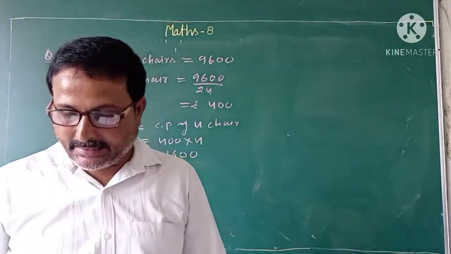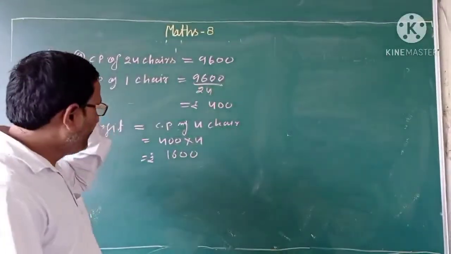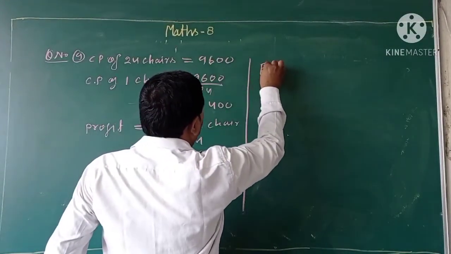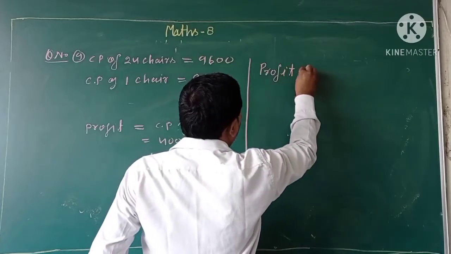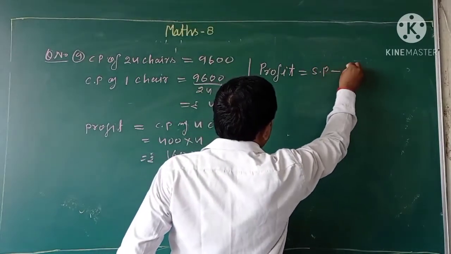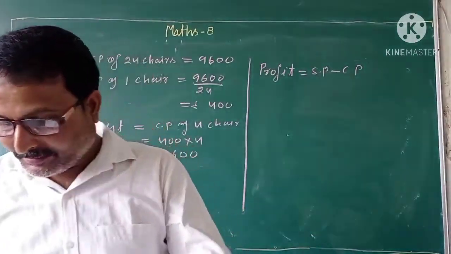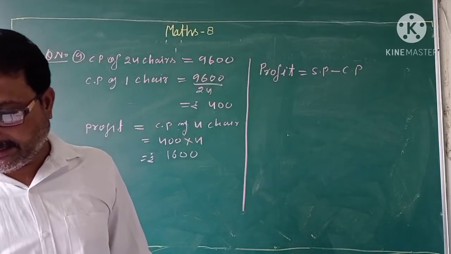Now what is asked? Now you got the profit. Now you know that profit is equal to SP minus CP, already you know that.